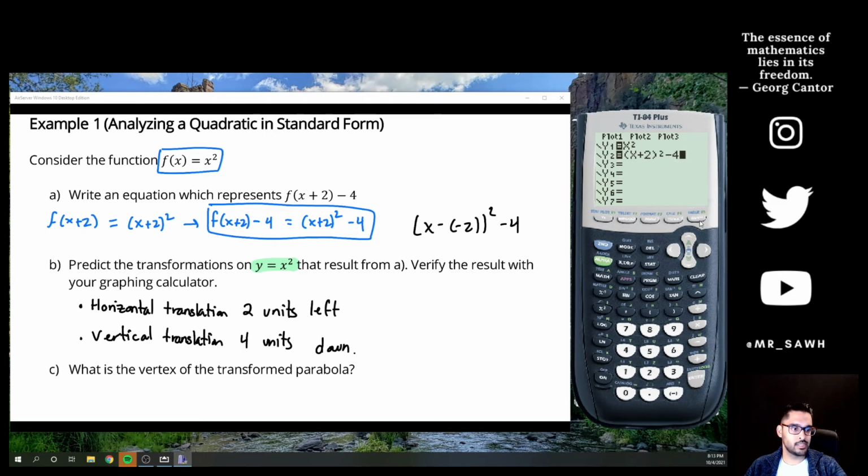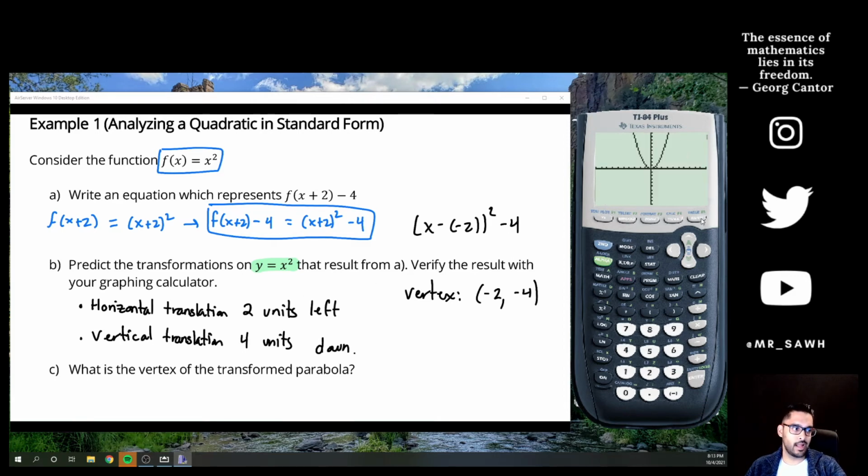What I know I'm going to see is that original graph moved left a little bit and then down. So I know my new vertex is going to be not 0, 0, but it should be 2 units left of that. So I can write the vertex here. I know my new vertex is going to be 2 left from 0, which means it's at minus 2. 4 down from 0, so it should be at minus 4.